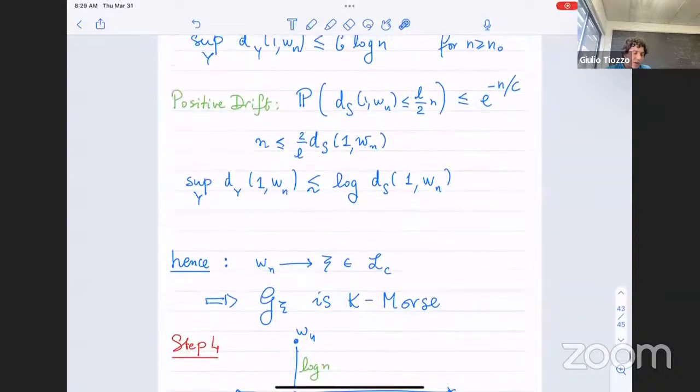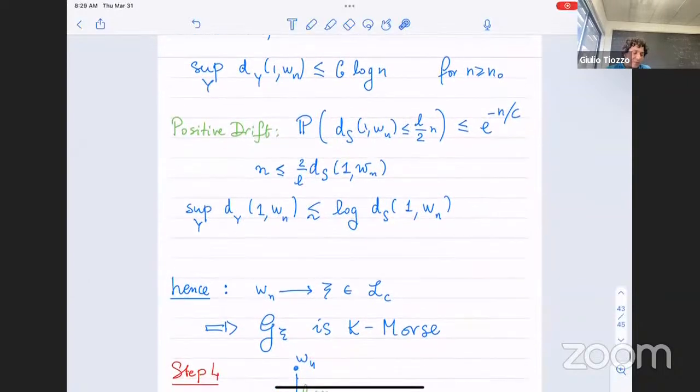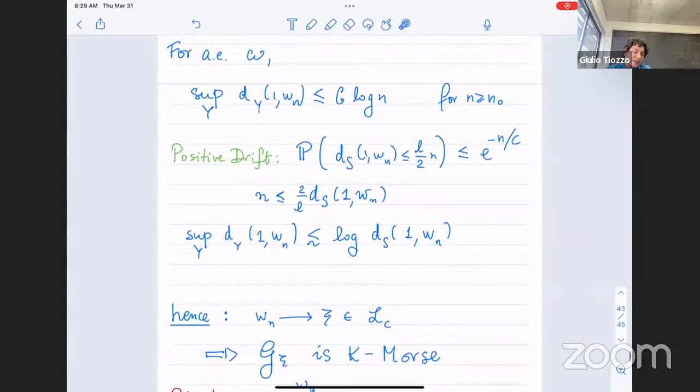Okay. So we have basically proved that this converges to a kappa-Morse geodesic. And the reason is precisely this criterion that we said before.